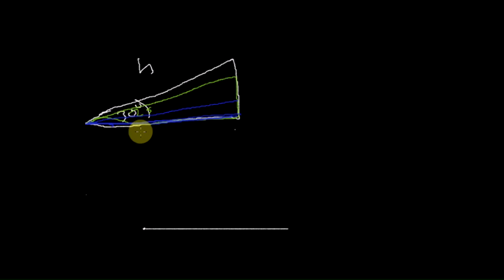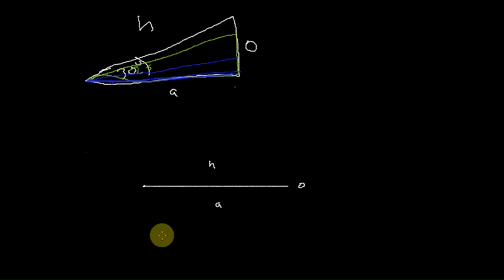We know that's the opposite, and that's the adjacent. So if you were to do the same thing here, say the angle was there. That's the opposite to that angle, and this is the adjacent, and this is the hypotenuse. And so if you work through the trig, let's just go for blue.